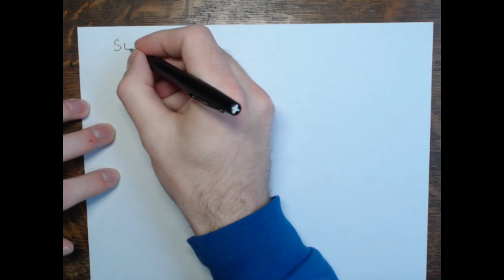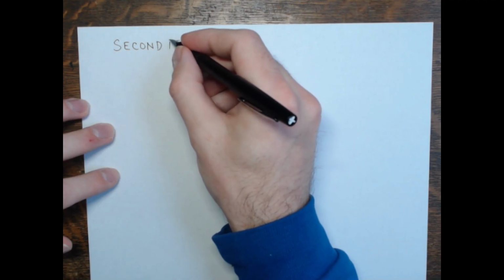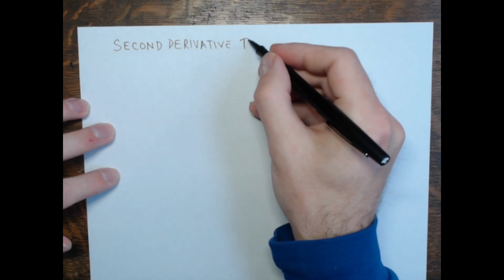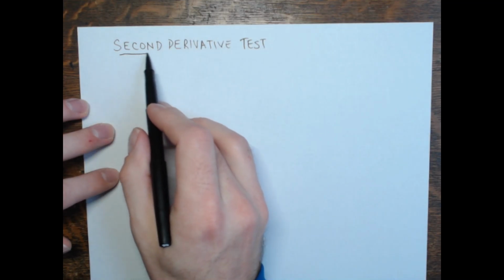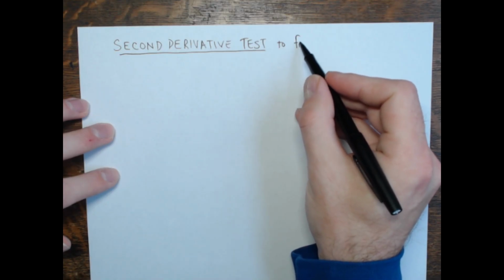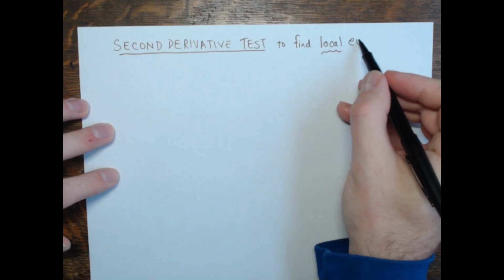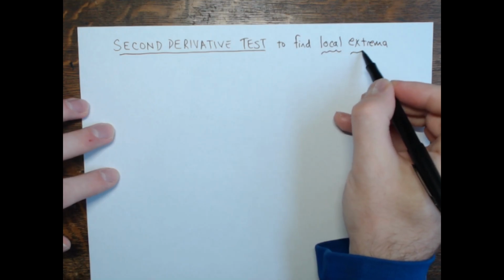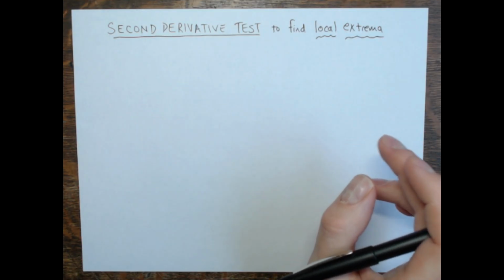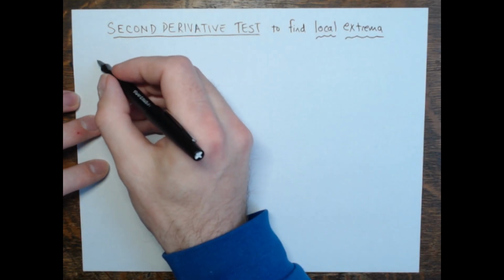So this is the second derivative test. Just like the first derivative test, this is to locate, to find or identify, local extrema, right, where those tops of hills and bottoms of valleys are, where the turning points are, where the function's going from increasing to decreasing and decreasing to increasing.